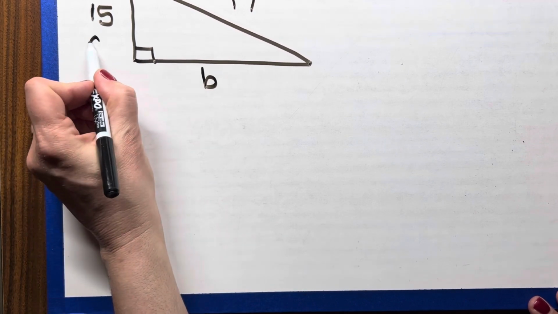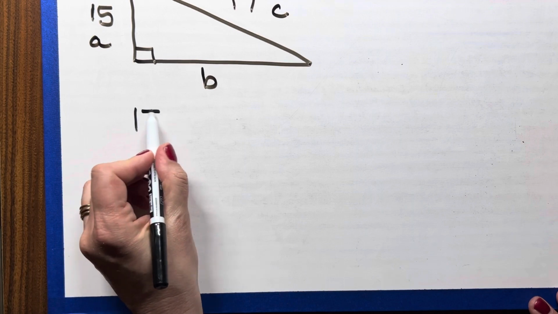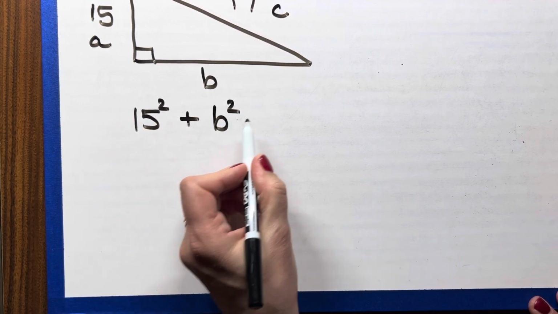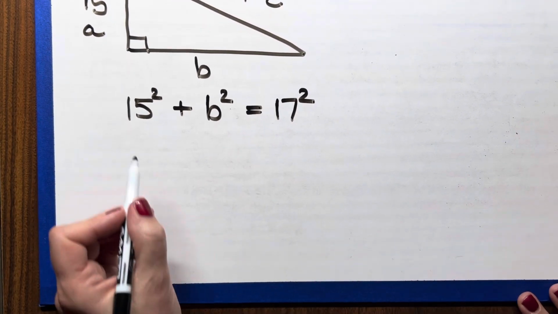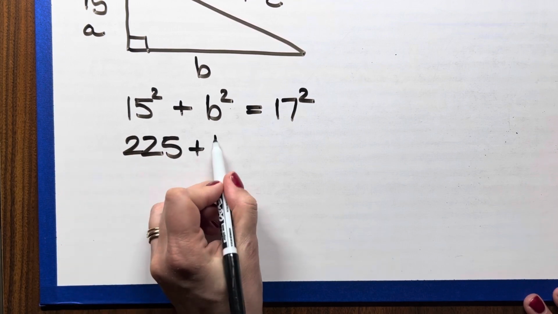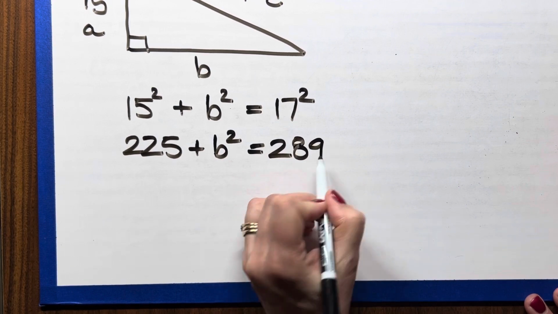So I'm going to have a here, c is here. So I'm going to have 15 squared plus the b squared, this time I don't know, equals 17 squared. So 15 squared is 225, and 17 squared is 289.